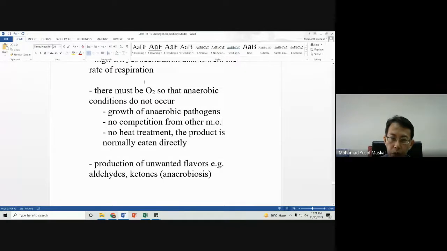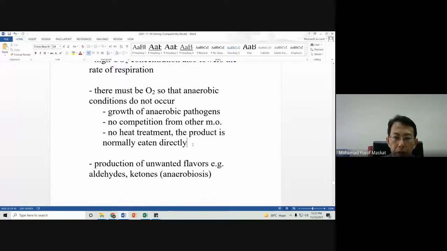So if it is totally anaerobic and doesn't contain any oxygen, there will not be any competition from other microorganisms. So growth of anaerobic pathogens will happen at a higher rate, and that is dangerous because these products will be directly eaten. So no heat treatment, no safeguarding step.